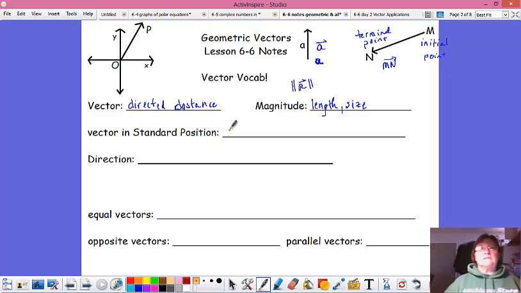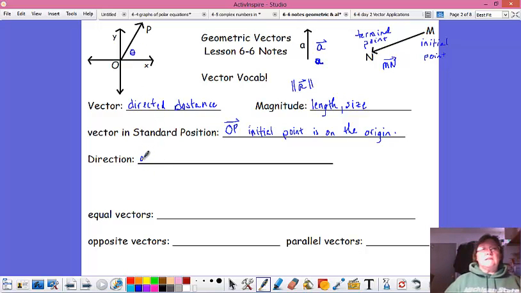OP over here is a vector in standard position. That's a vector whose initial point is on the origin. And the direction of that vector is the angle right here. I'm going to call it theta.